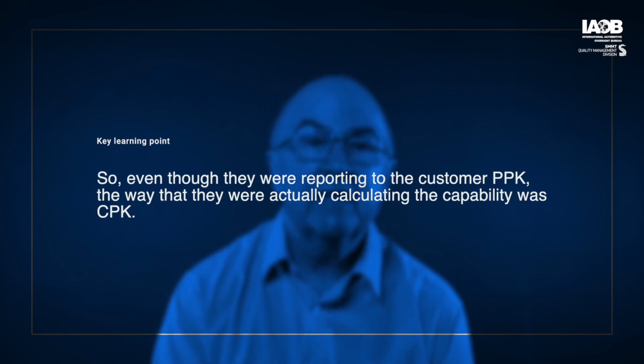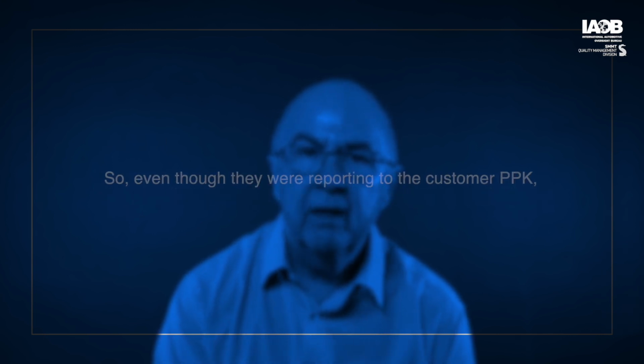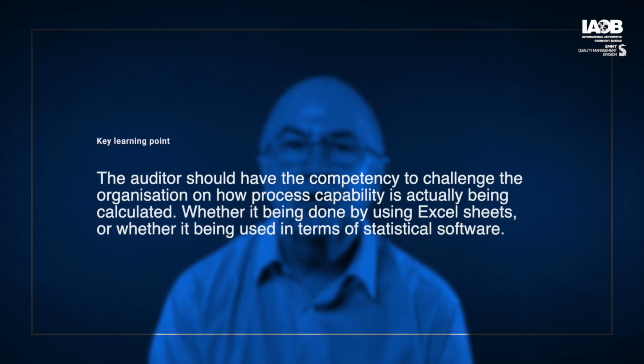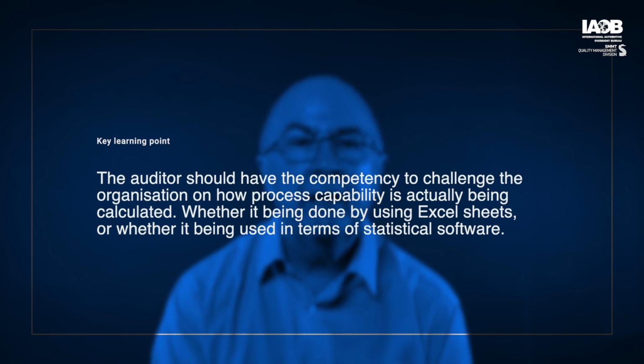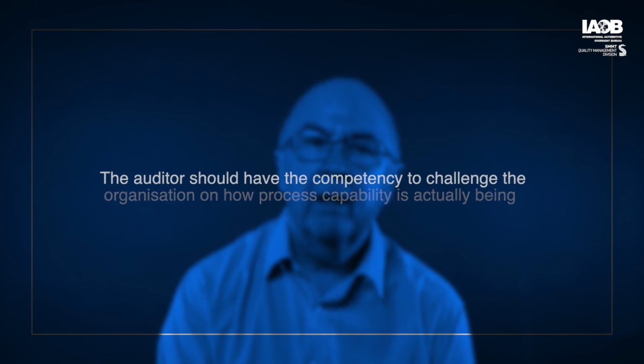I think this is a common area of weakness in many automotive organizations. The auditor should have the competency to challenge the organization on how process capability is actually being calculated, whether using Excel sheets or statistical software.